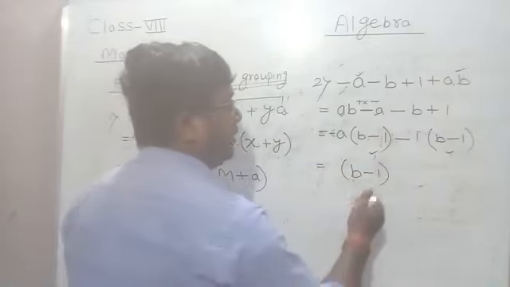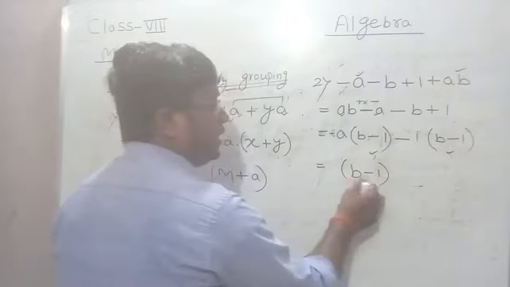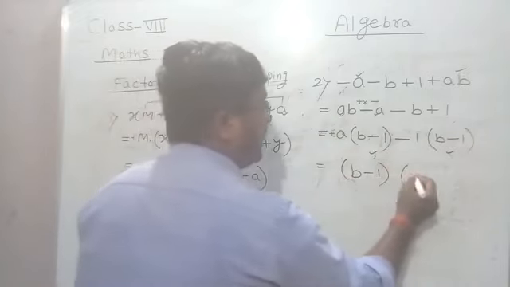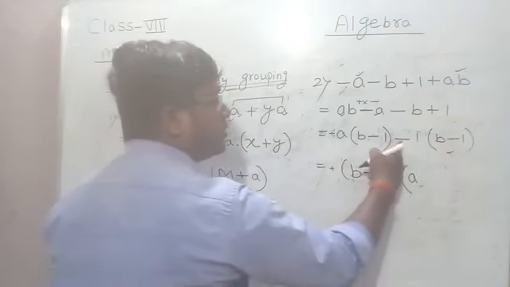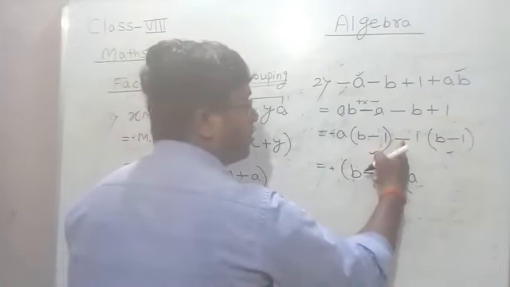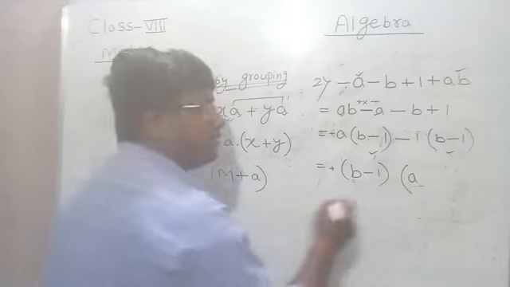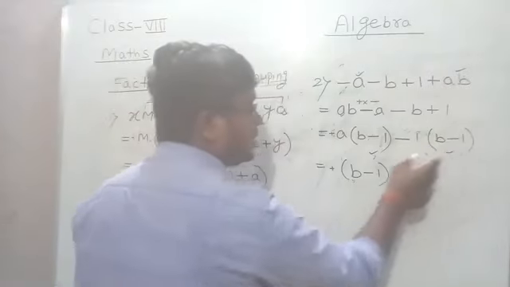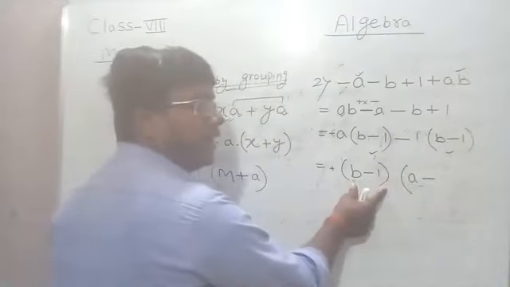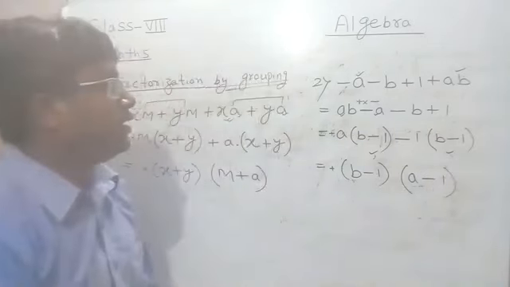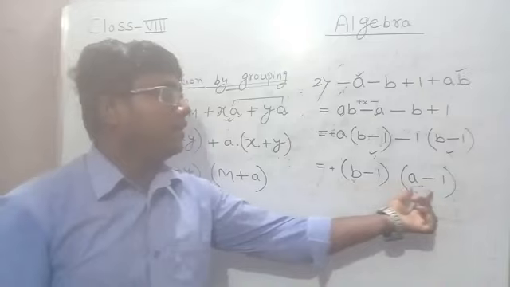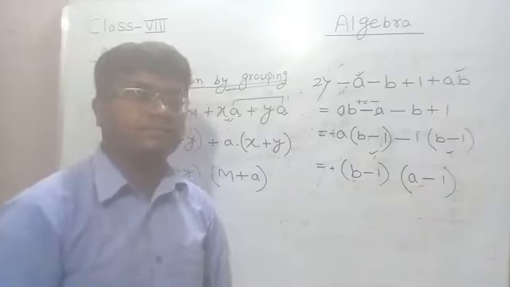So what is remaining? a is remaining from the first term. From the second term, minus 1 is remaining, since b minus 1 is already taken as common. So the factor is b minus 1, a minus 1.